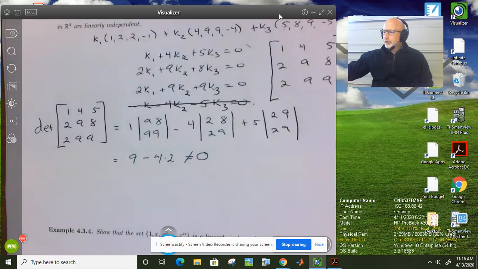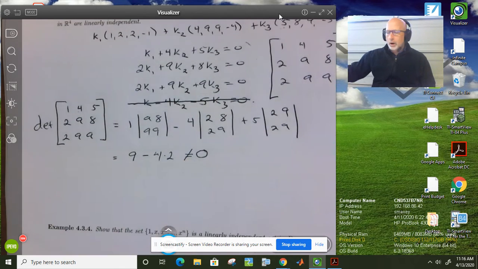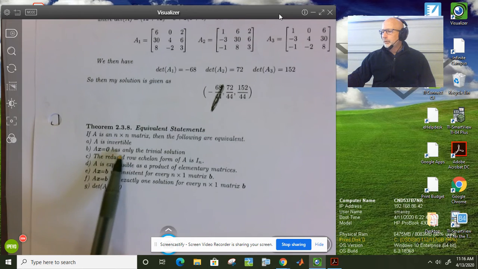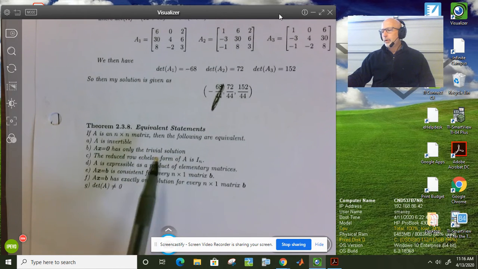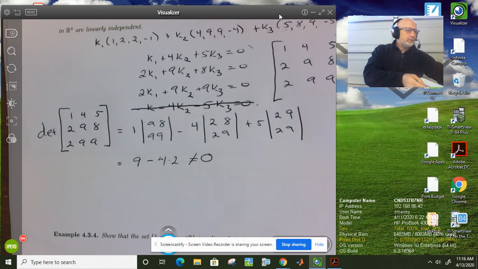We have just determined that the determinant is not 0, which means that it is invertible. So all the rest of these statements are true. So here it says AX equals 0 has only the trivial solution. It's invertible, therefore it only has the trivial solution. Well, what does that mean? It means the set of vectors is going to be a linearly independent set of vectors.